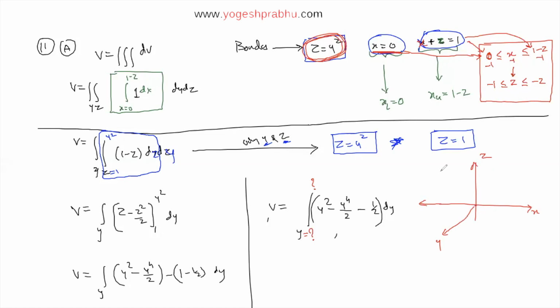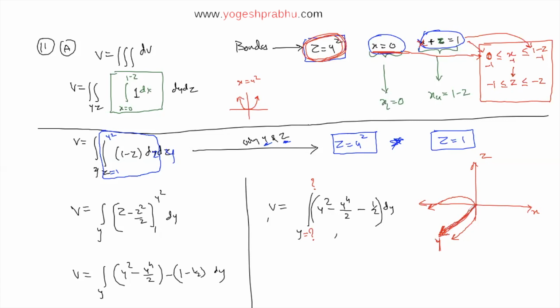So z equal to y square is this parabola, right? Z equal to y square is a parabola which is symmetric about y. Same logic goes here.